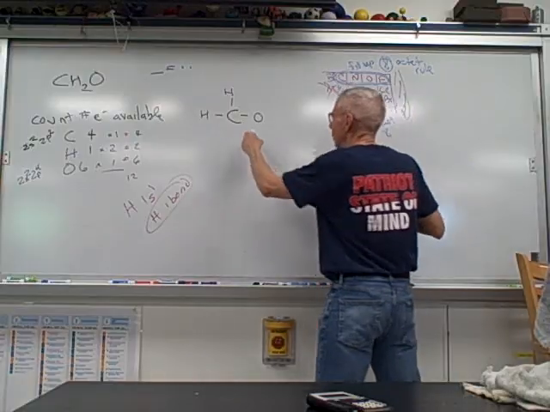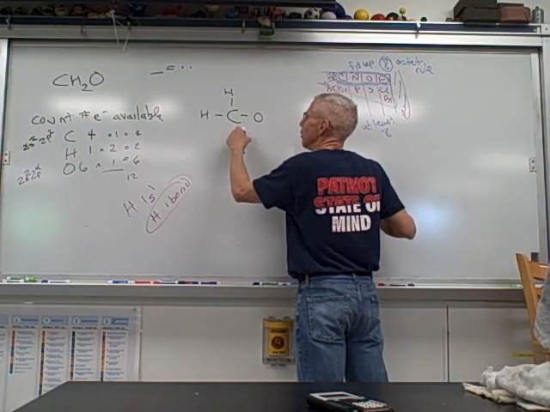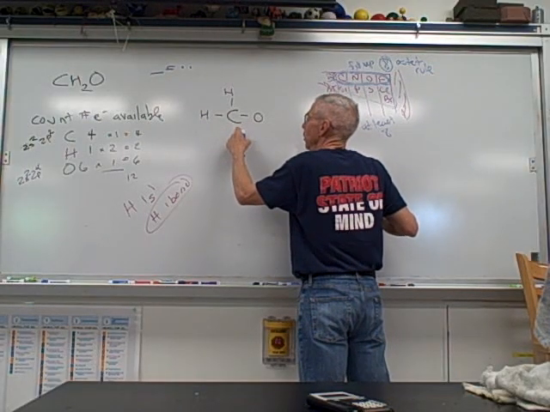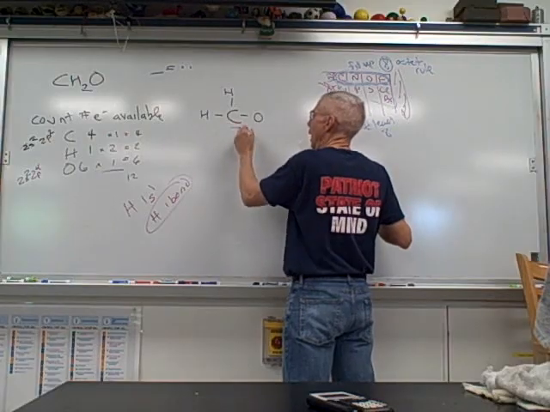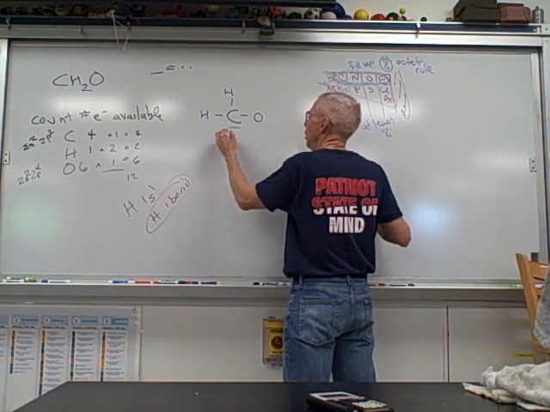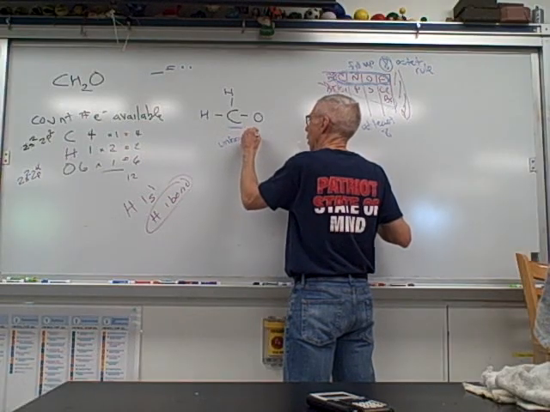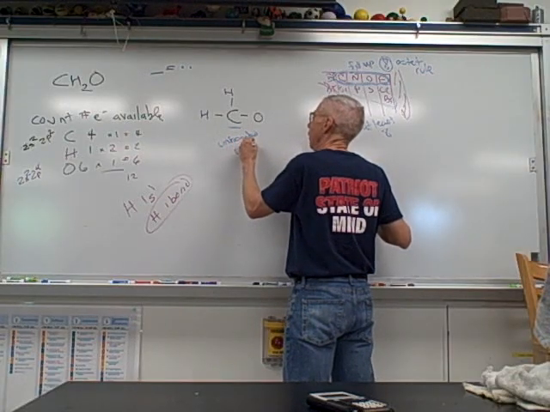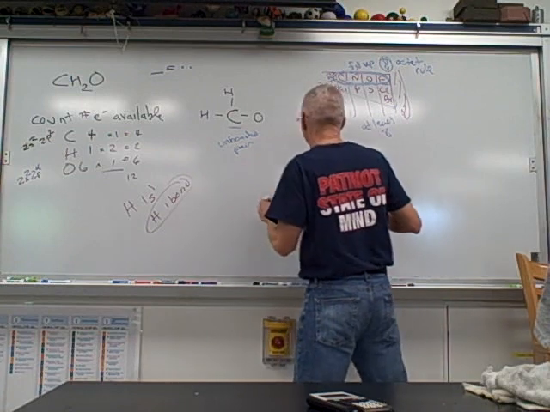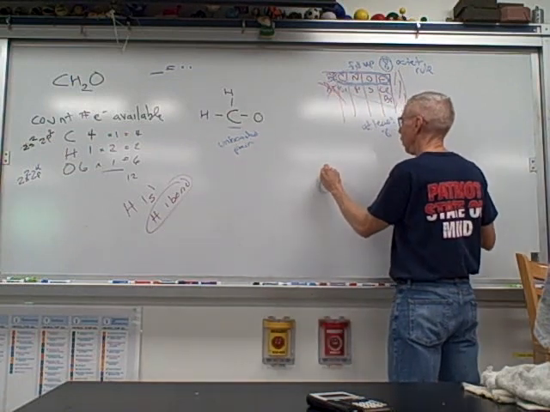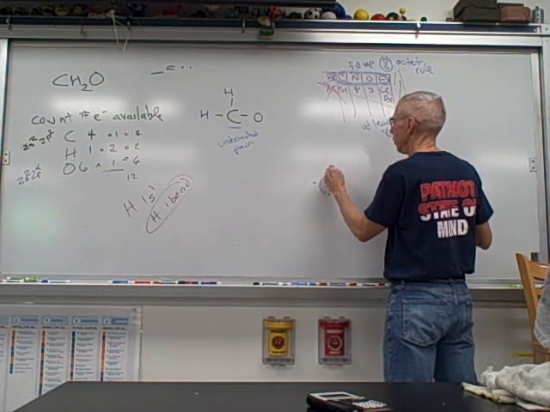Now how many electrons does this carbon have so far? 6. So we got to give it some more. Now one way we could do that is go like that and say, okay, it's got an unbonded pair. Like oxygen, if we drew oxygen, it would have 1, 2, 3, I think I drew it on the other board.